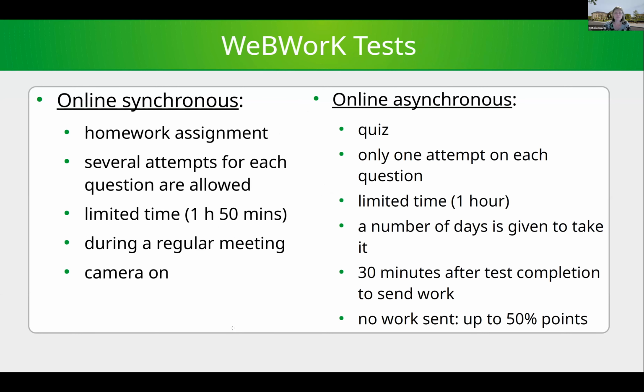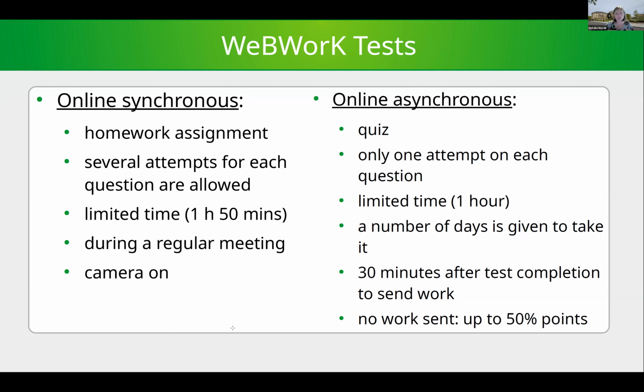So, a different strategy that I use when I do tests for WebWork for the synchronous class and for the asynchronous class. For the synchronous class, when we meet at the same time and everybody has to be present, I do it as a homework assignment. So I kind of resolve this issue of the student not being able to re-enter their answer a second time or a third time.